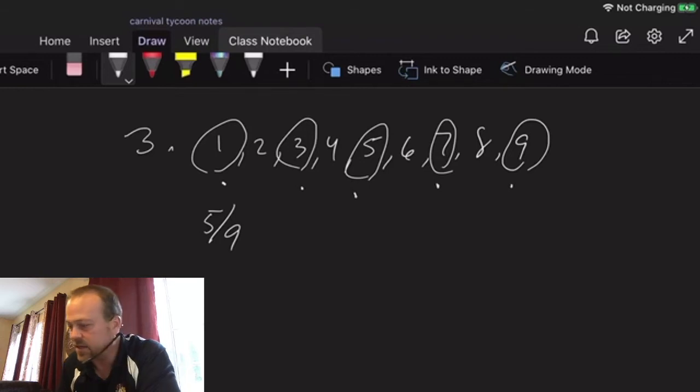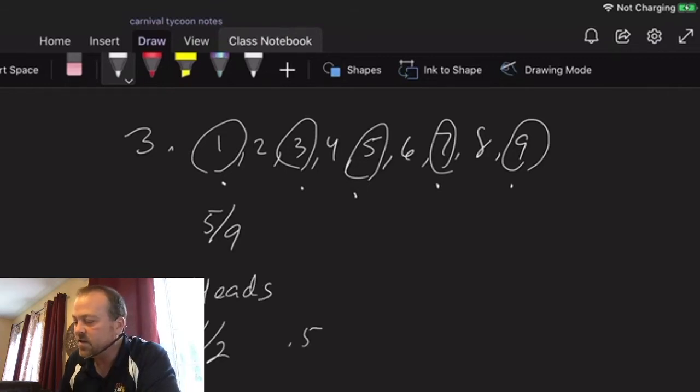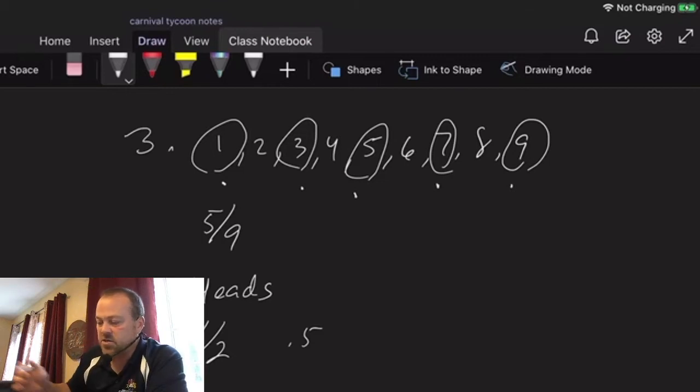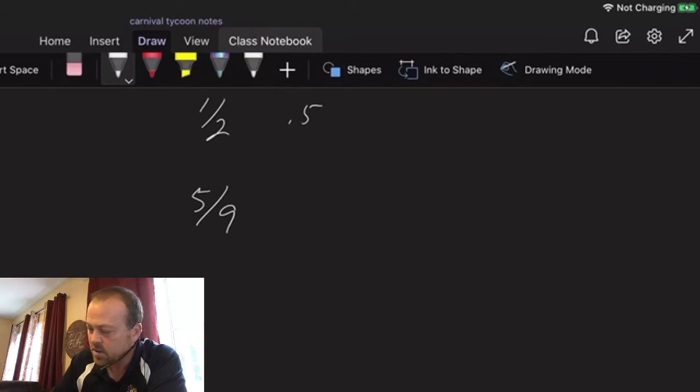All right, and the next one, of course, is heads. So if we get heads, we know heads is a 1 out of 2 or a 0.5 chance. All right, so we just multiply those together like we did before. Our chance of getting an odd number, 5 out of 9 on the spinner disc, multiplied times 1 out of 2.